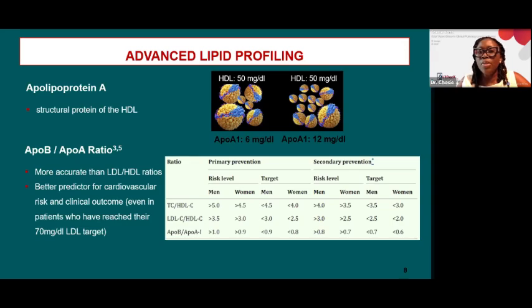And then when you go underneath, you see ApoA1 to the left is 6 milligrams per deciliter and ApoA1 to the right is 12 milligrams per deciliter. So in this case, which ApoA1 do you think you would prefer to have? Would you want to have ApoA1 of 6 or ApoA1 of 12? Horvix.